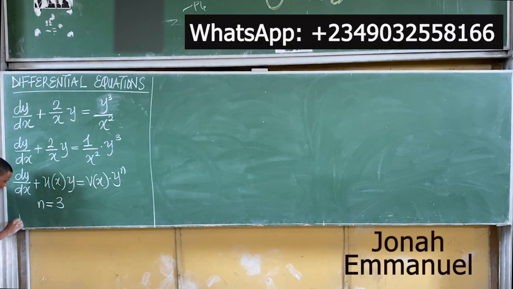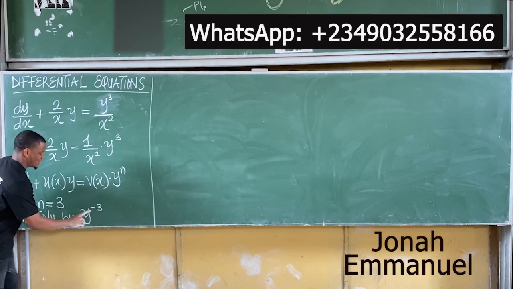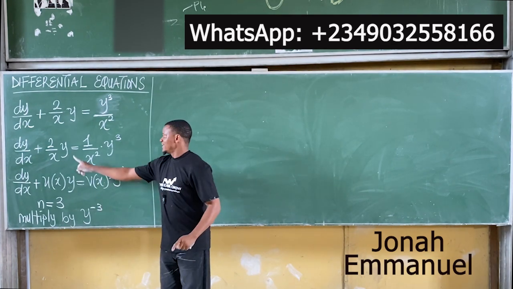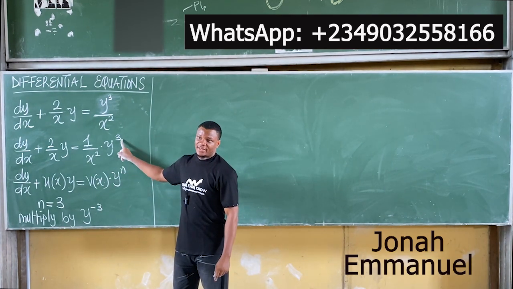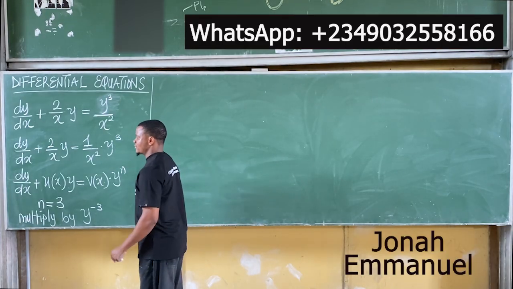So I'll say multiply by y to power minus 3. Multiplying by this is the same thing, I'm stressing this again, as saying divide by y to power 3. If you were here earlier, I explained that. So multiply through by y to power minus 3. What do you have there?